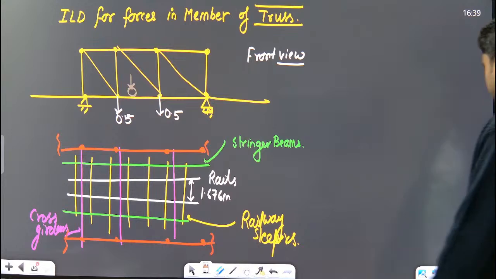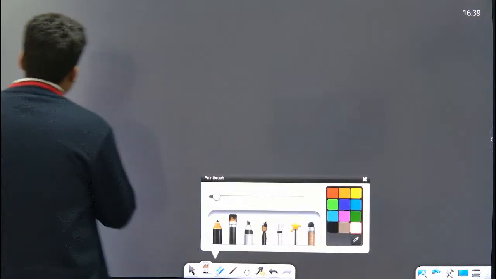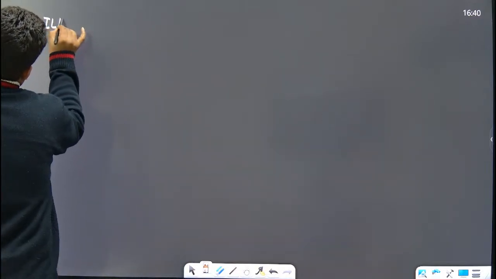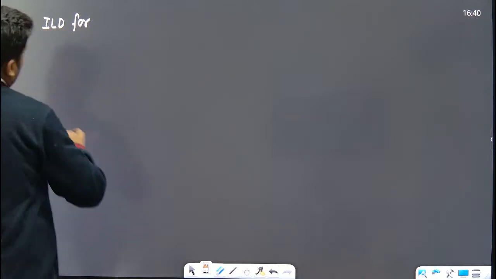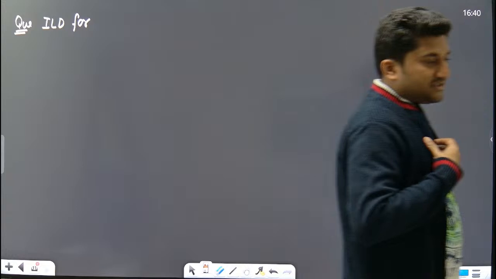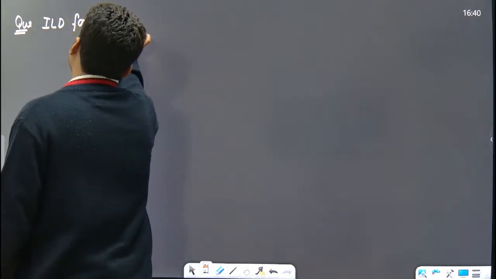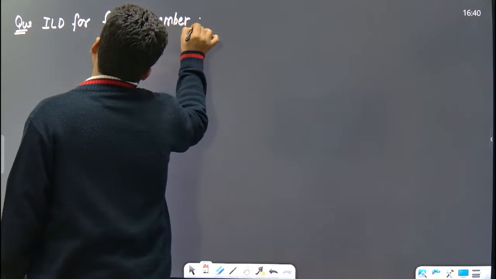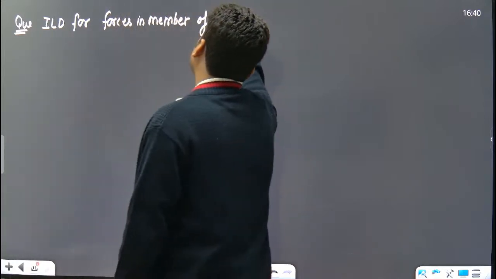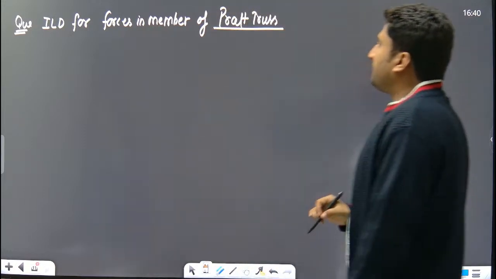Now look, the concept is ILD for forces in the member of Pratt truss.